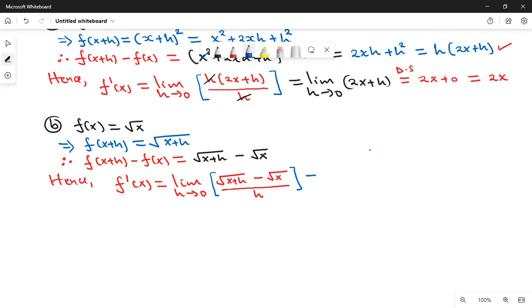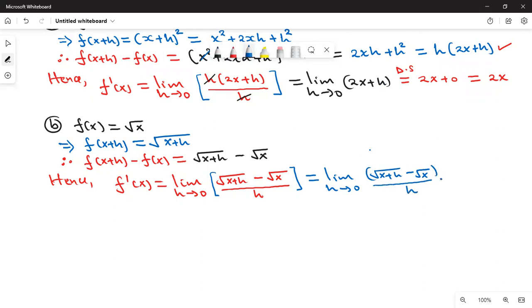So this can now be written as limit as h approaches 0 of, now remember rationalization, you have to multiply the surd by its conjugate. So it is the square root of x plus h minus root x, over h.